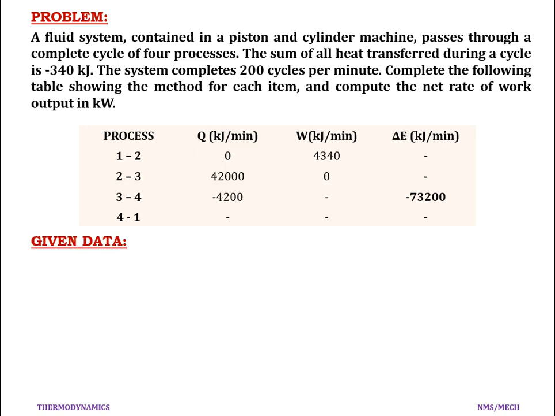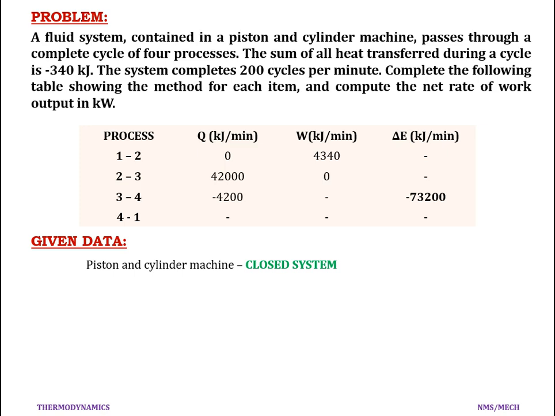What is the given data? We know a piston and cylinder machine indicates a closed system. So first, you should identify whether the given system is an open system or a closed system. The piston and cylinder machine indicates that the given system is a closed system.